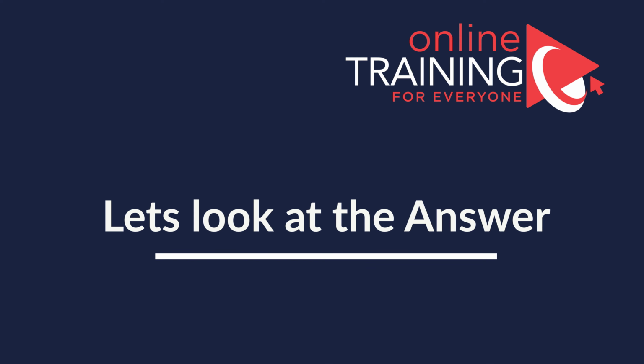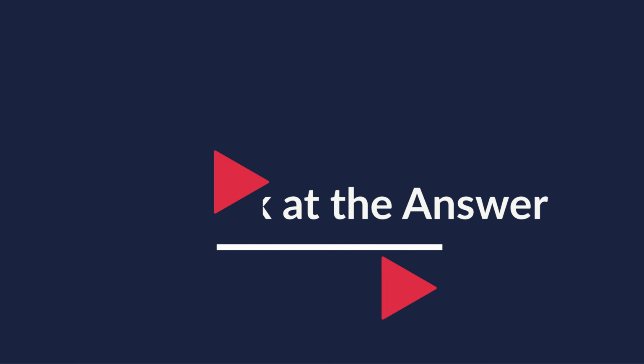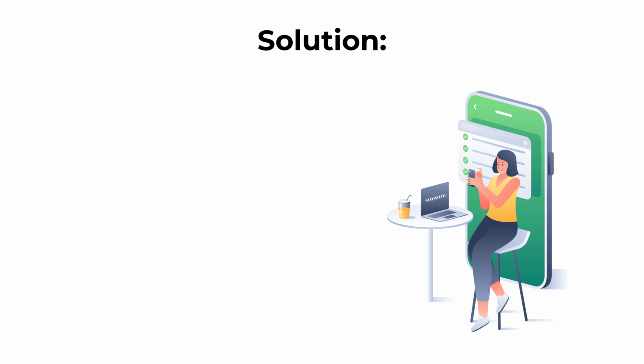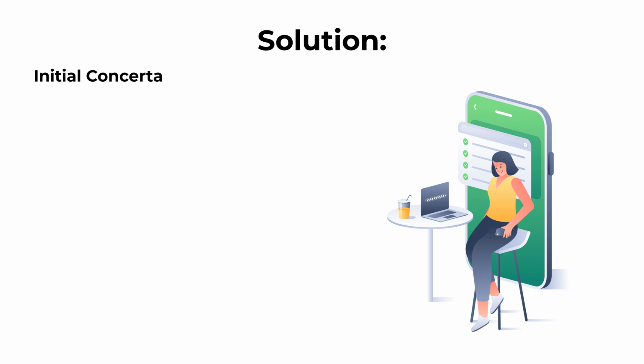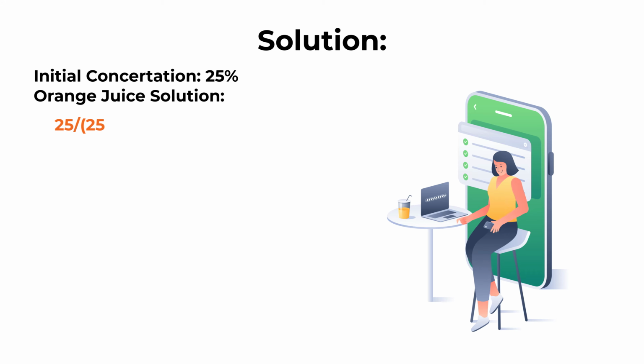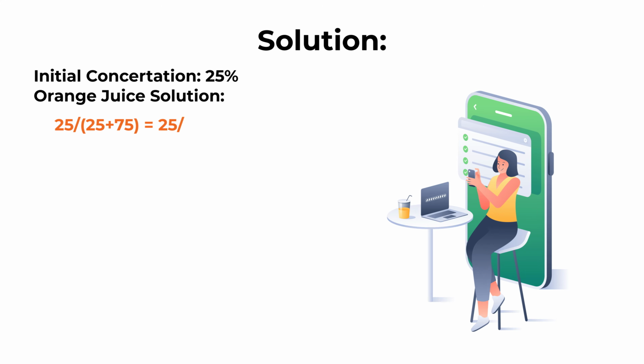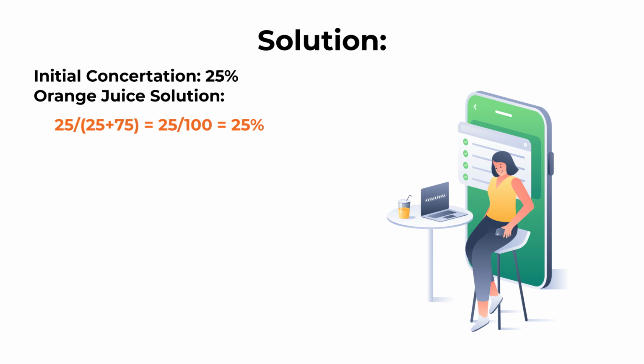One of the easiest ways to solve this challenge is to build the equation. But before building the equation, we need to understand initial facts. Our initial concentration is 25% of orange juice, which is calculated as 25 divided by 100, which means that 25 divided by 100 is a 25% orange juice solution.